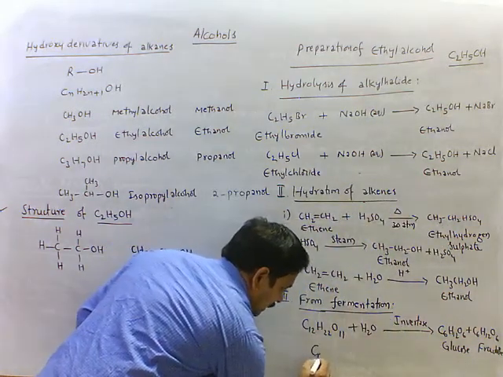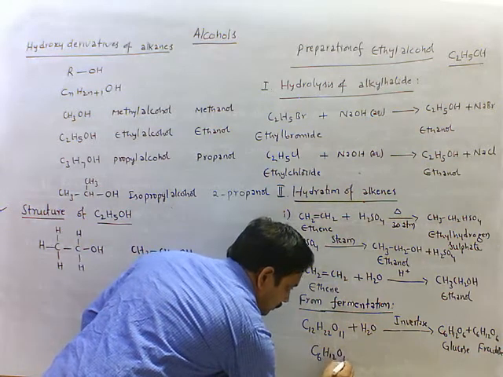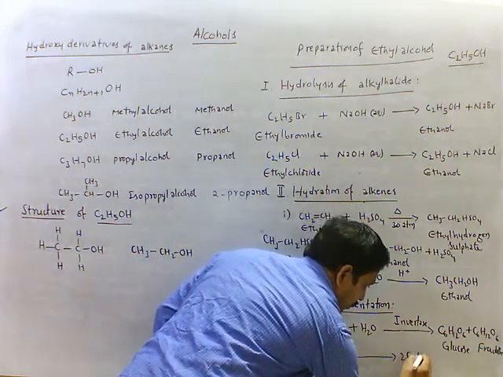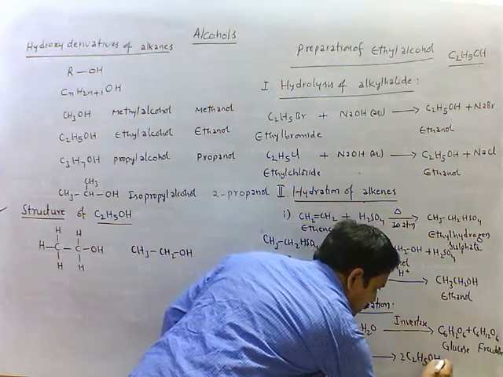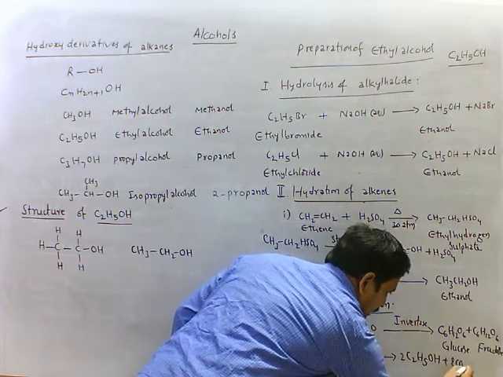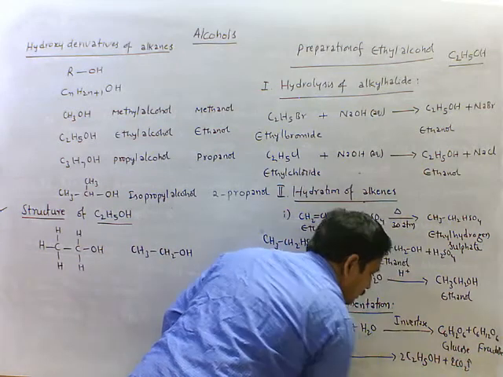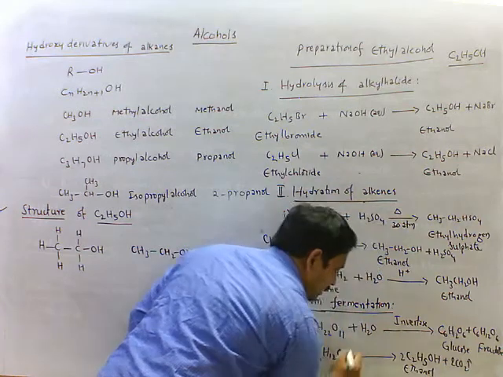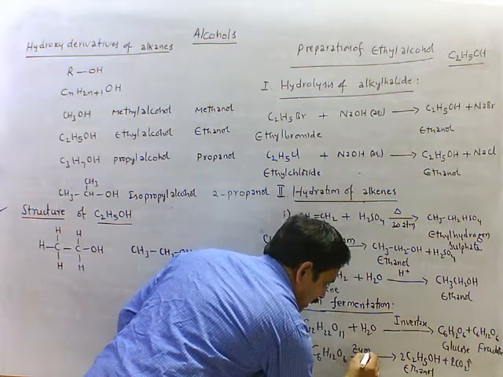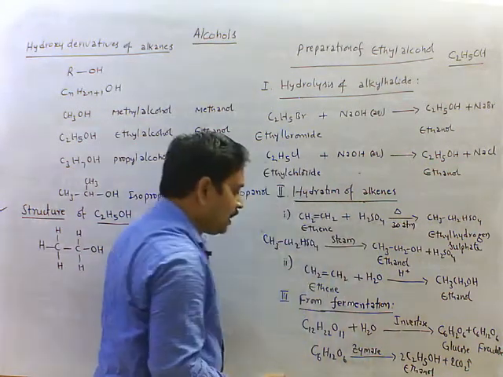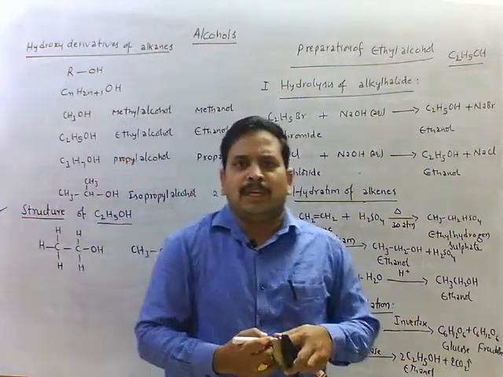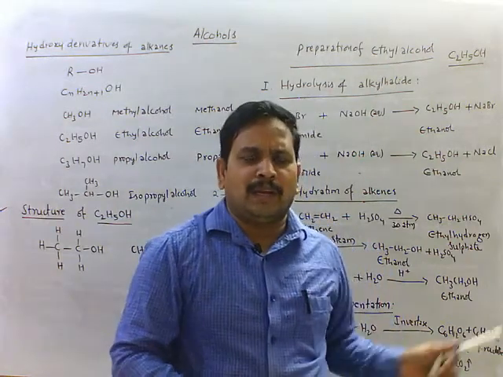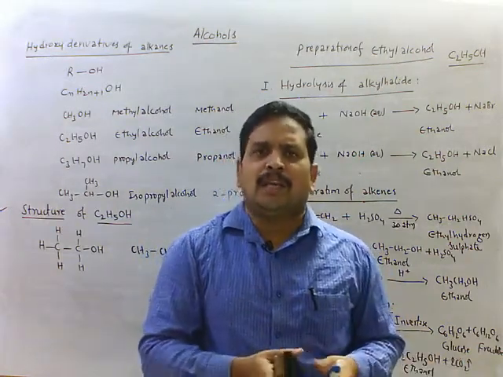Again, glucose is converted into ethyl alcohol, C2H5OH, and 2 moles of carbon dioxide are released. It is the byproduct. Here this is ethanol or ethyl alcohol. Here the enzyme is zymase. Zymase converts glucose into ethanol and carbon dioxide. So from the fermentation reaction we get ethanol.